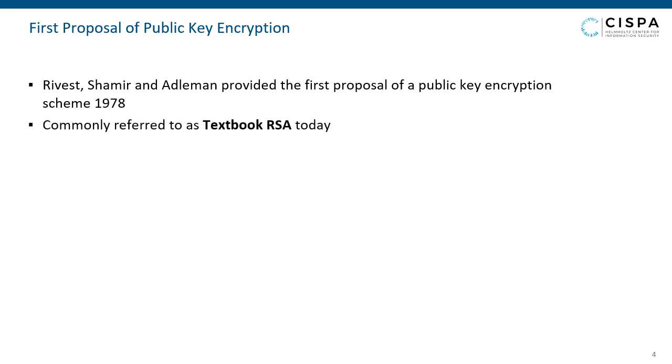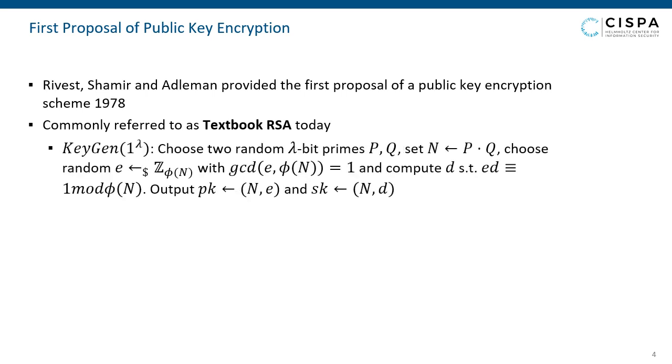In modern literature, we typically refer to this scheme as textbook RSA or plain RSA, for reasons that we'll discuss in a moment. We typically don't refer to this as RSA encryption, just the textbook RSA scheme or the plain RSA scheme. How does key generation work?